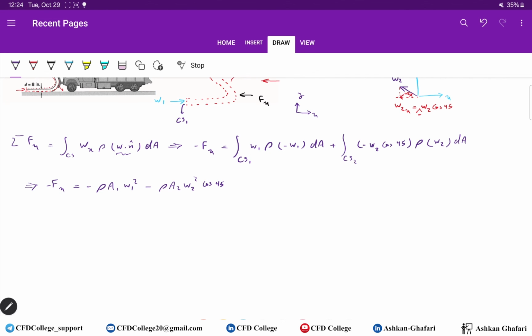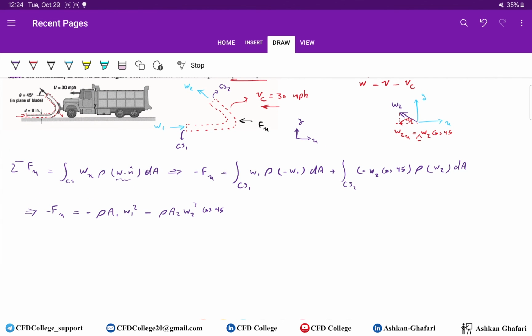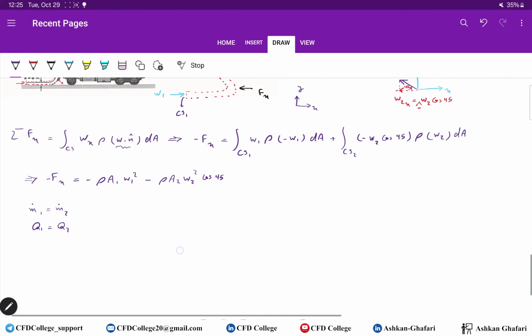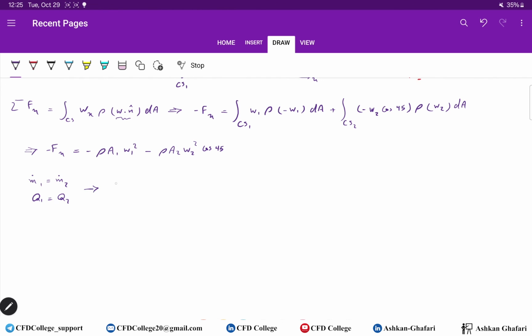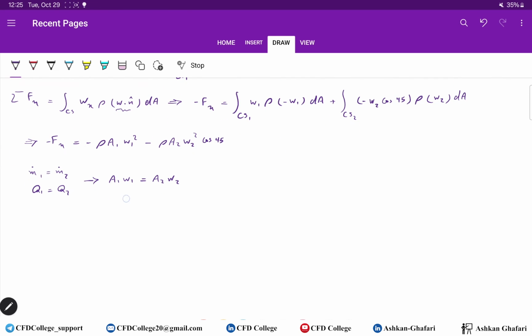But since we know that the mass flow rate or the volume flow rate is constant, I mean m dot 1 equals m dot 2 or Q1 equals Q2, we know that A1 W1 equals A2 W2, and since we don't know anything about the thickness of this snow at the outlet, we can assume that A1 equals A2, and with this assumption we can understand that W1 equals W2.